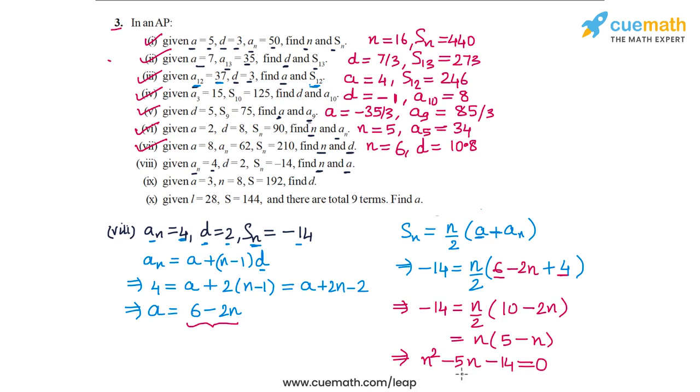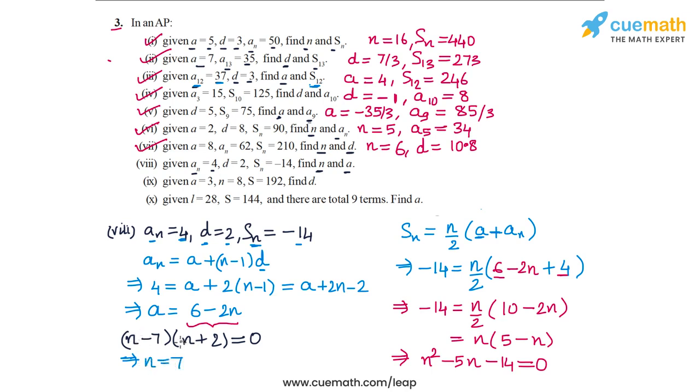And if you observe this quadratic expression on the LHS, it's quite easy to factorize. It can be factorized as n minus 7 times n plus 2. So the quadratic equation is n minus 7 times n plus 2 is equal to 0, and the only valid root is n equal to 7.